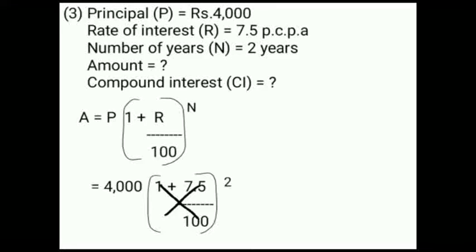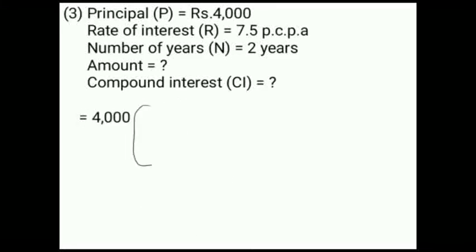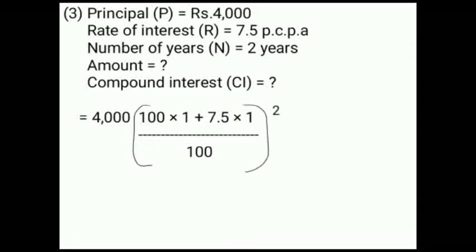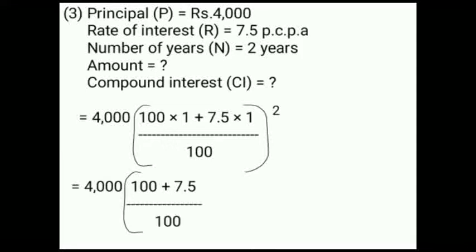That is equal to 4000 in bracket 100 into 1 plus 7.5 into 1 upon denominator 100, right as it is, because we have the single denominator 100, in bracket raised to 2. In bracket now you have to multiply this in numerator. That is equal to 4000, 100 ones are 100 plus 7.5 ones are 7.5 upon 100 raised to 2.